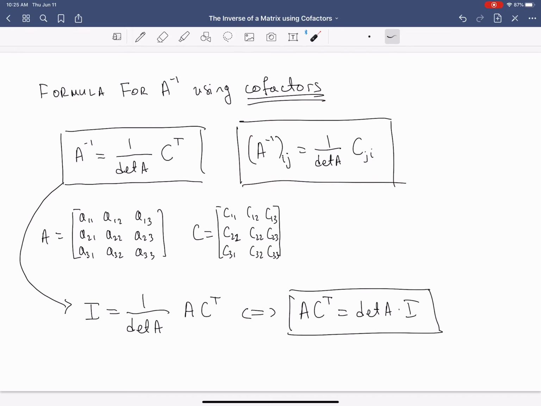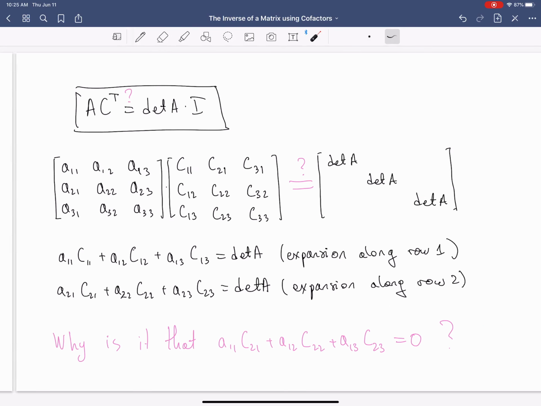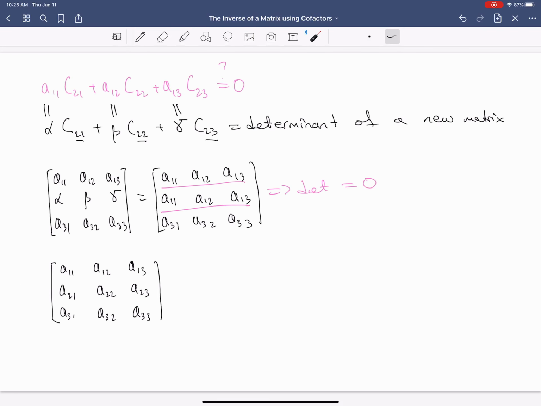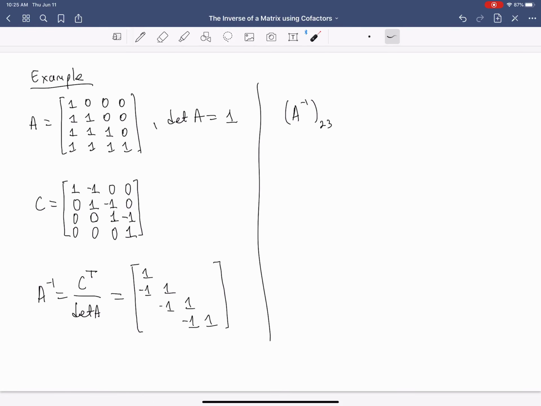The question is how to visualize these things, right? Or yes, perhaps the smart way is to just use the formula. So this is 1 over the determinant of A times the cofactor 3, 2. So if you write this, then things are easy.